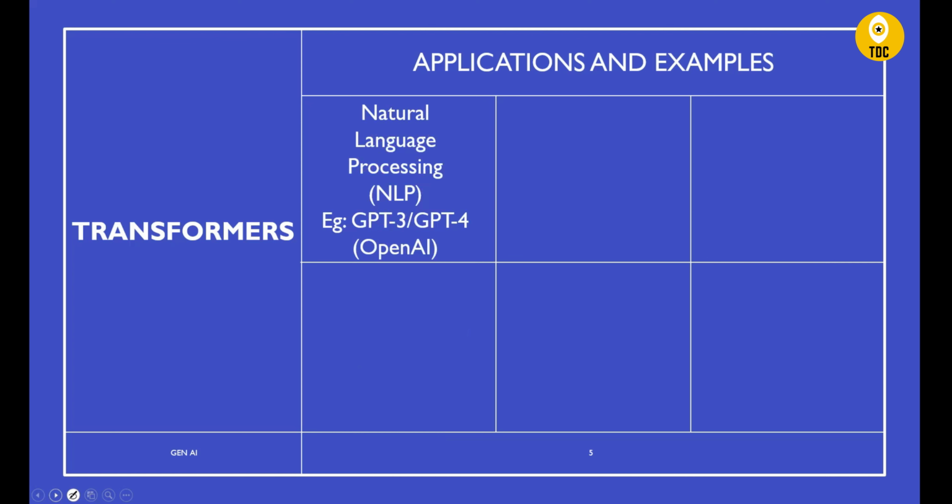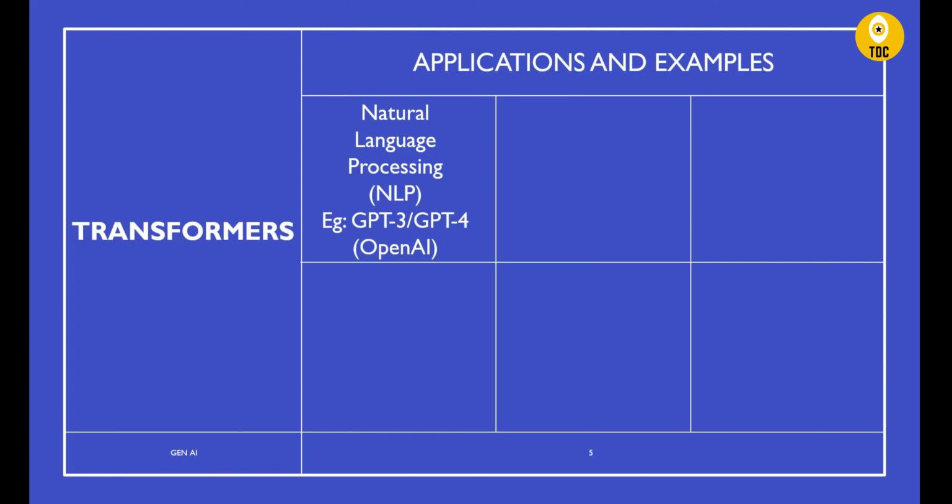First is the famous natural language processing, NLP, where we talk about ChatGPT 3 and 4.0, developed by OpenAI. These models generate human-like text and can be used for a wide range of applications, including chatbots, content generation, language translation, and code generation, right?